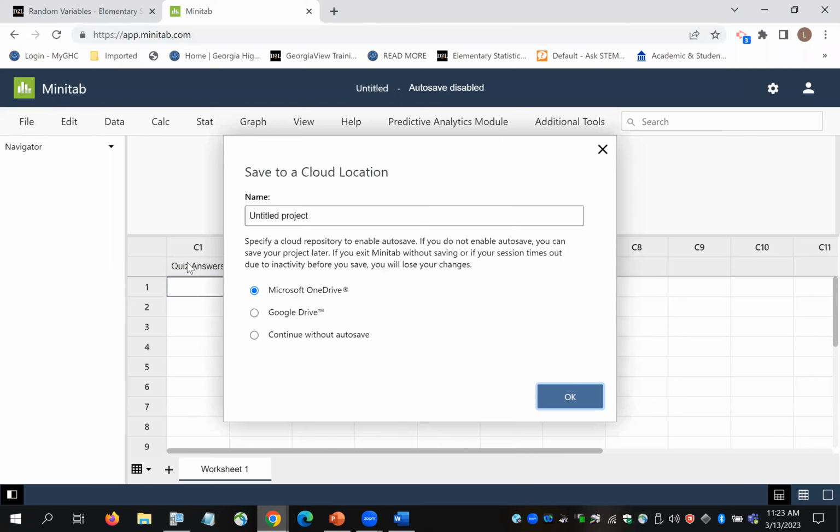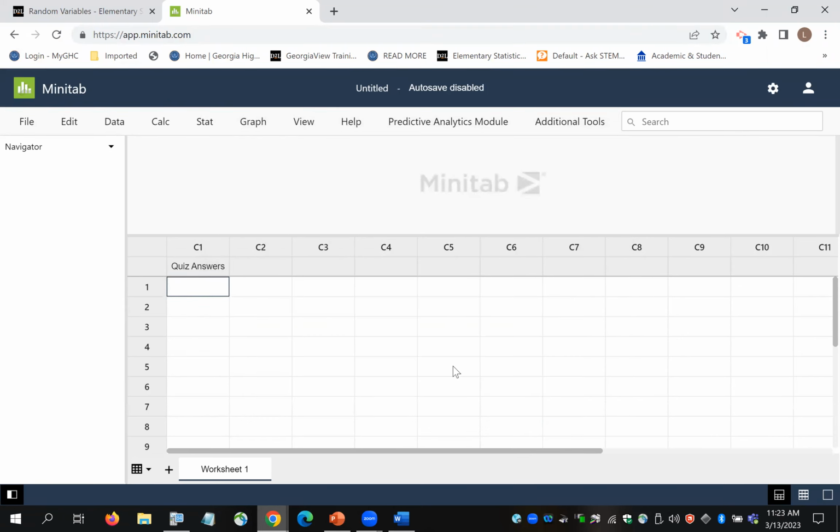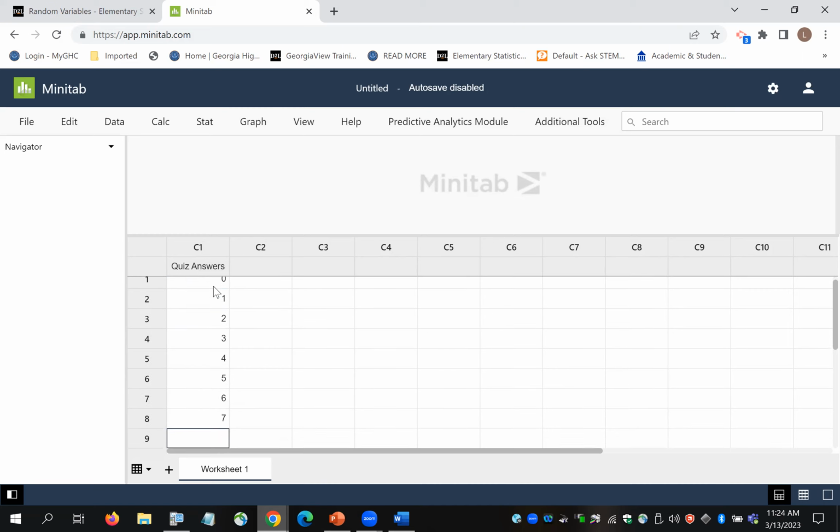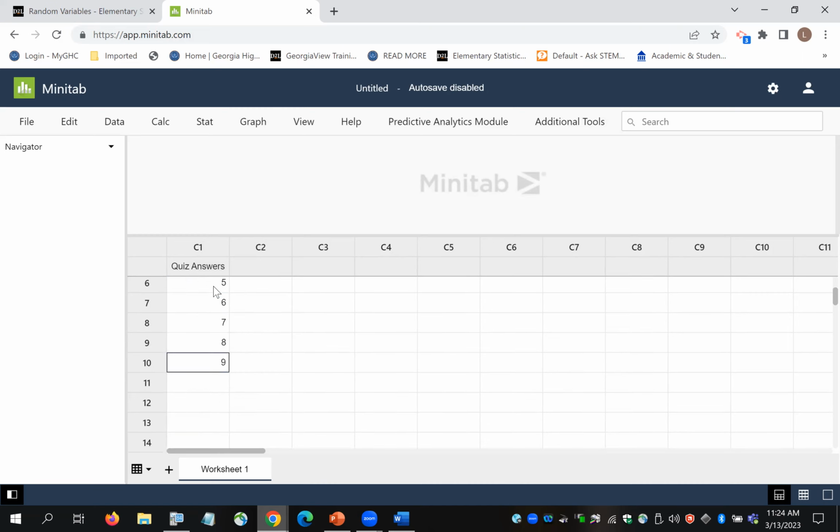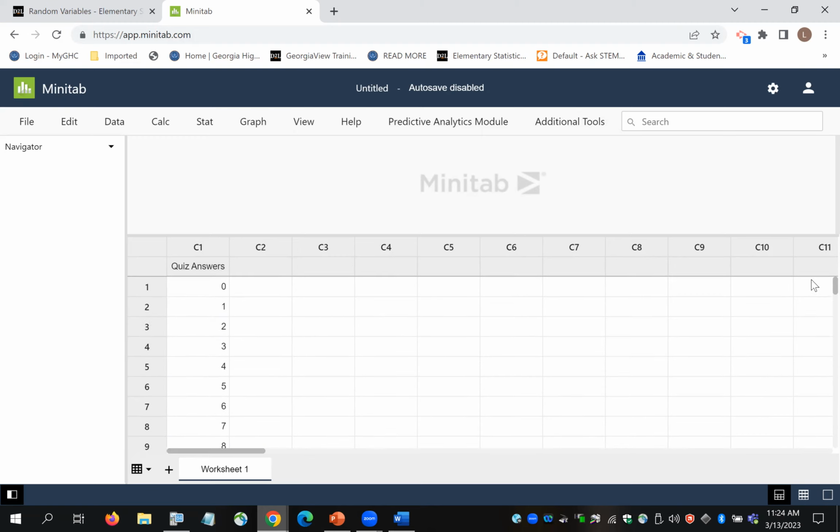And remember, you have to allow for the option that she gets none of them correct. So she could get 0, 1, 2, 3, 4, 5, 6, 7, 8, 9, or 10, all 10 correct. Make sure you include the 0.